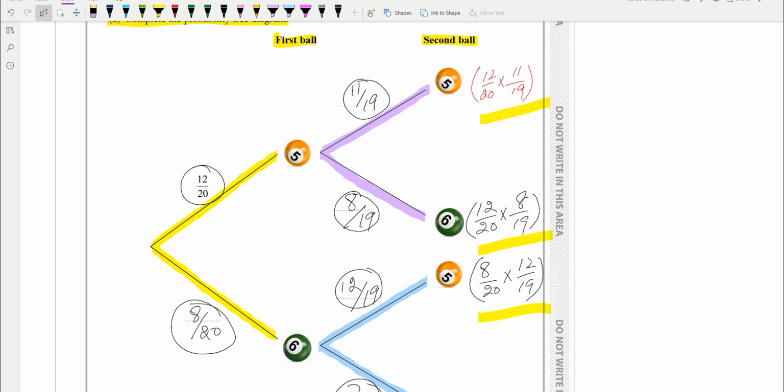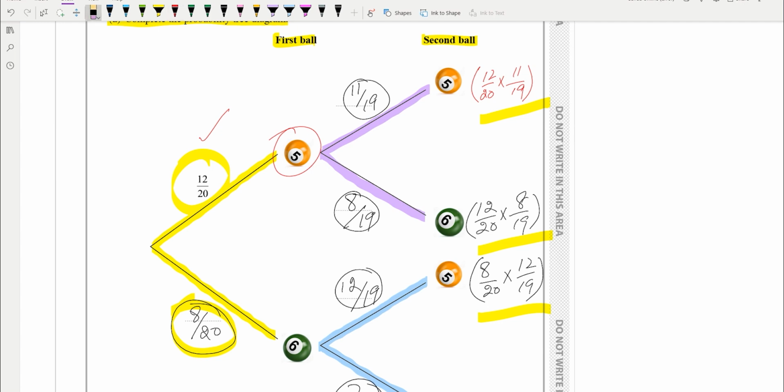First of all we have done this one, 11 by 19, and this is from here, this is 11. For example, this one is 12 by 20, so we are taking this as 8 by 20, the remaining probability. Because one 5 is already gone out at this level, the remaining are 11 balls.